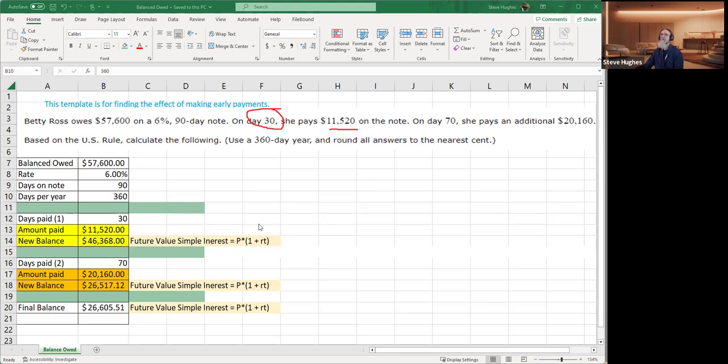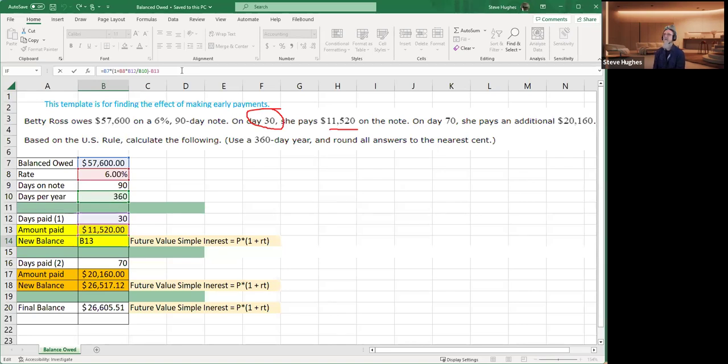Now let's click on the cell and figure out how I calculated this amount. Looking up at this, you can see it's highlighted there, everybody, in blue. The balance, which is my principal to begin with, P. Then I multiplied the 1 plus RT. B8 is my rate. B12 is the number of days, and I divide that by B10 because, once again, that is an annual percentage rate.